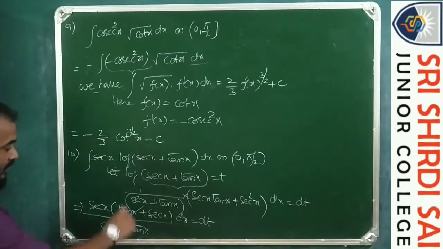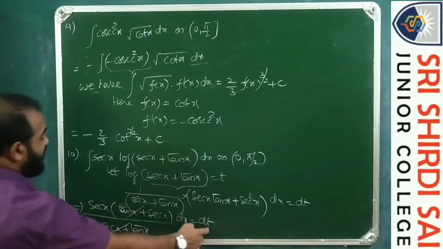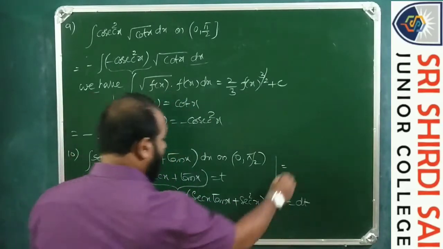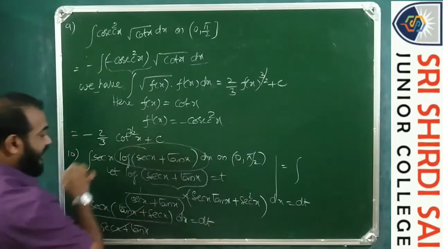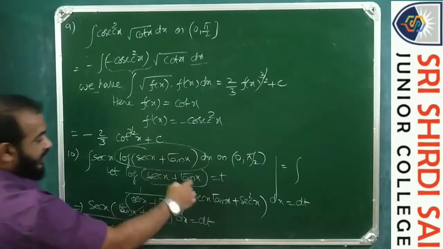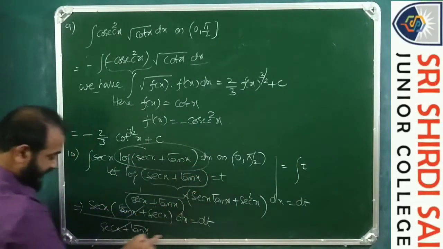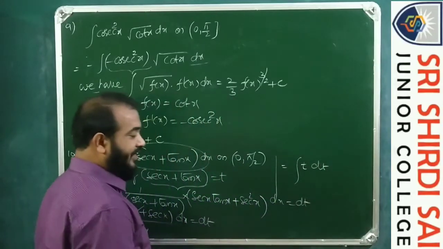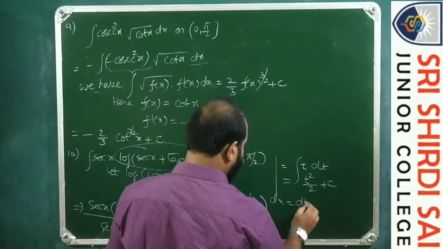Therefore, log of secant x plus tan x is t. Then secant x dx is equal to dt. So this is integral t dt. What is integral t dt? t square by 2 plus constant of integration c.